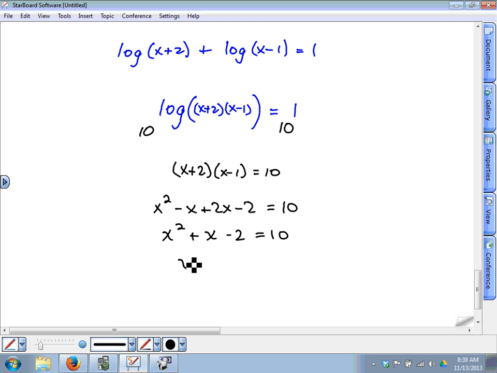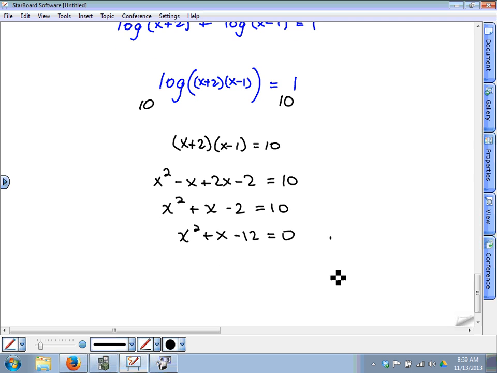Subtract 10 on both sides, and you have x squared plus x minus 12 equals 0. And yeah, that factors into x plus 4 times x minus 3 equals 0. So the potential solutions are x equals -4 and x equals 3.